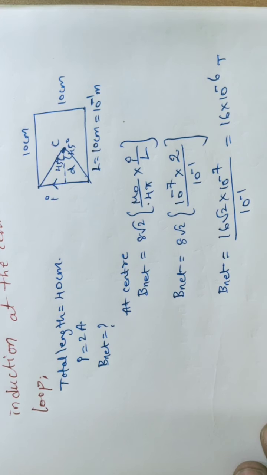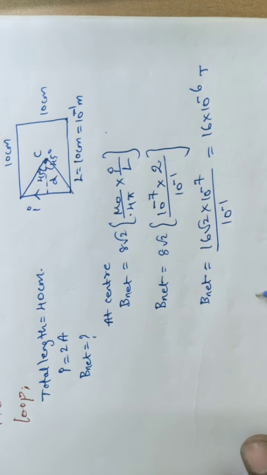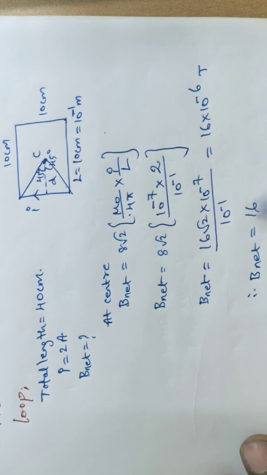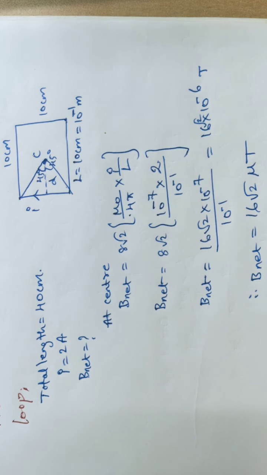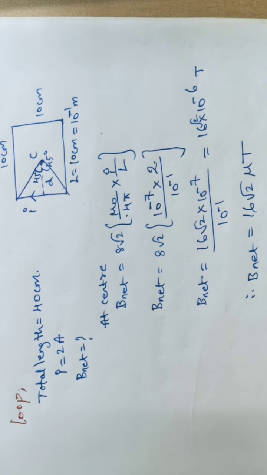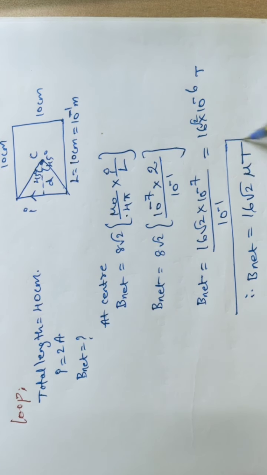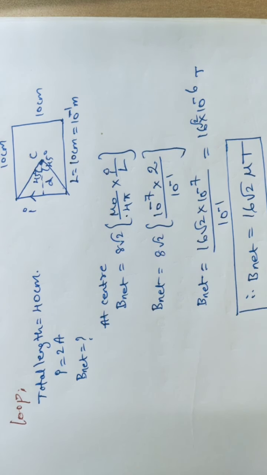Therefore finally B net value is 16 root 2 micro Tesla. This is the final answer for this problem: at the center we find 16 root 2 micro Tesla.